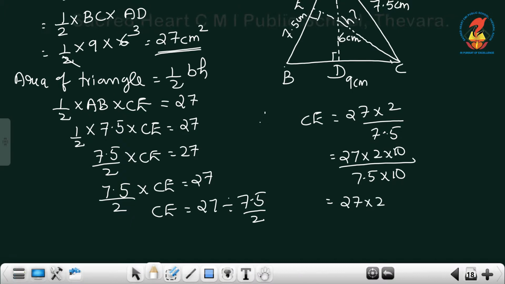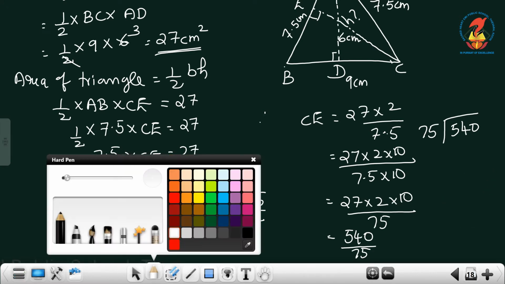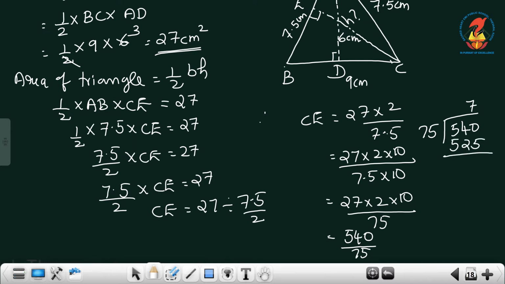So 27 into 2 into 10 divided by 75 is 540 divided by 75. 75 into 7 is 525, remainder 15, 150, 75 into 2 is 150. So CE equal to 7.2 centimeters.